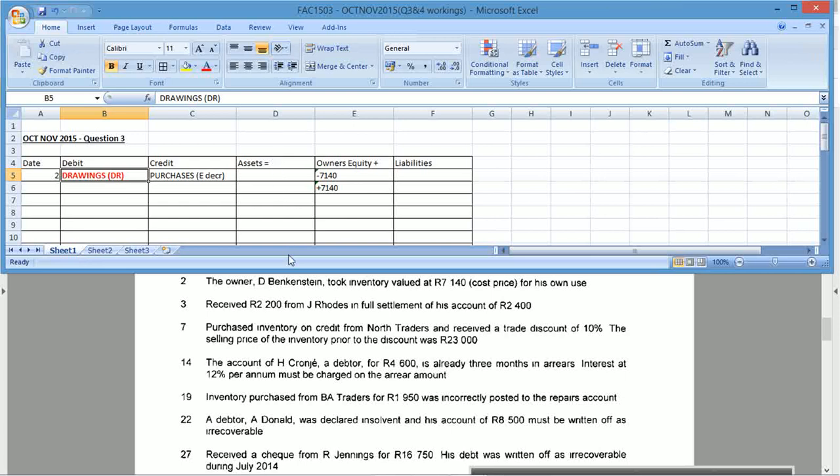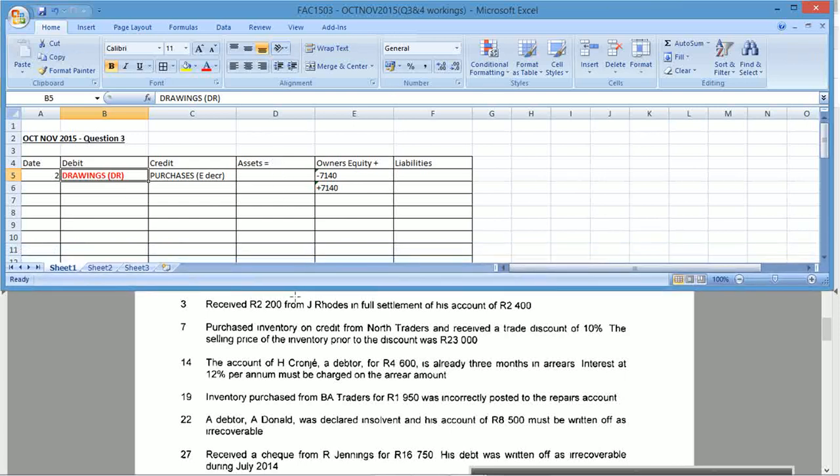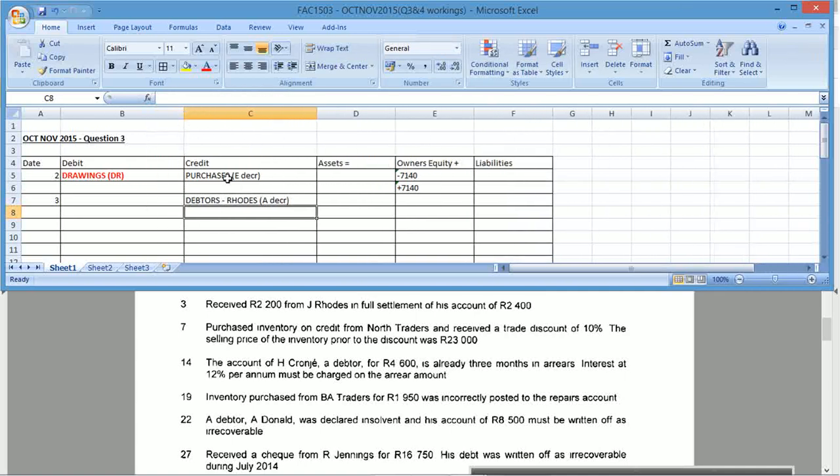Makes sense? Okay, number 3. Received that from Rhodes in full settlement of his account. If you're receiving a payment, he's a debtor. Do you agree? That's important. That's revision. So number 3, debtors will decrease. You should write debtors R Rhodes or debtors J Rhodes or whatever it is. Just identify who they are.